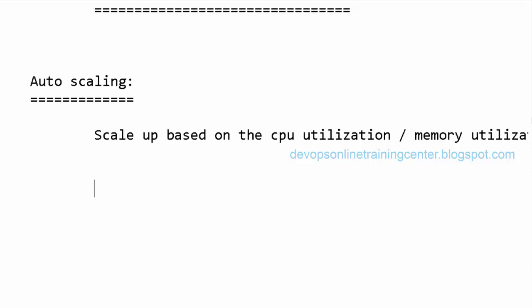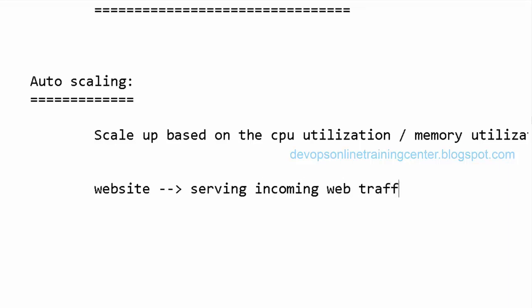Let us say there is a website that is serving the incoming web traffic. Today there are 100 customers downloading something from the website, and tomorrow it increased to 1,000 and 10,000, right?